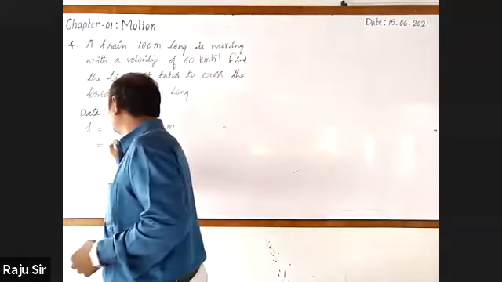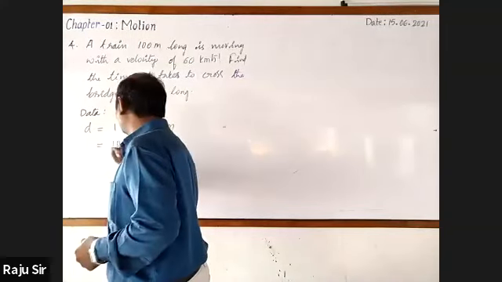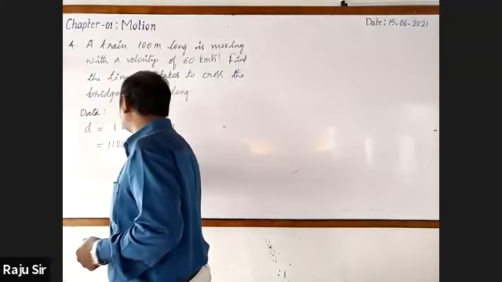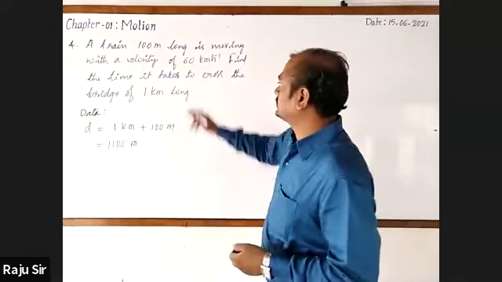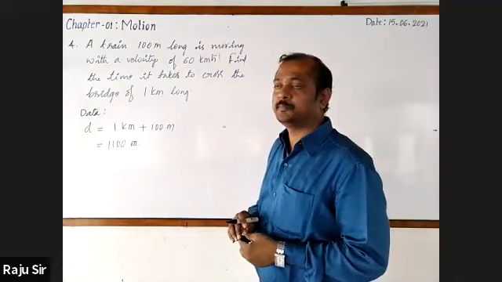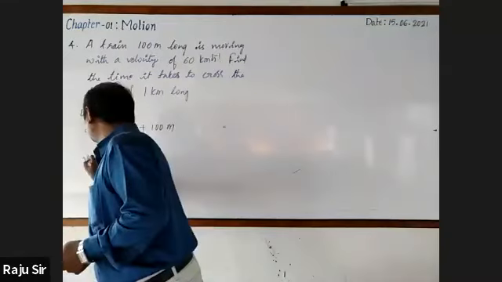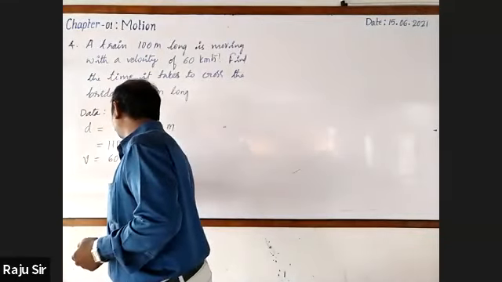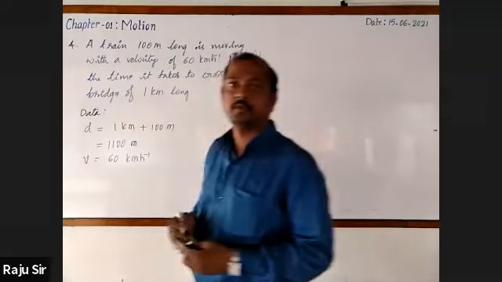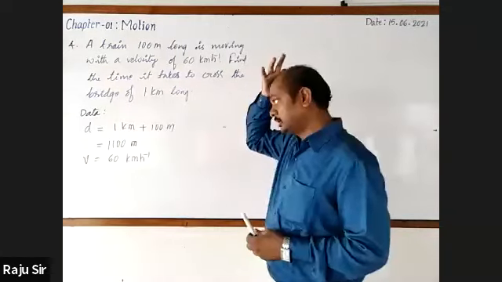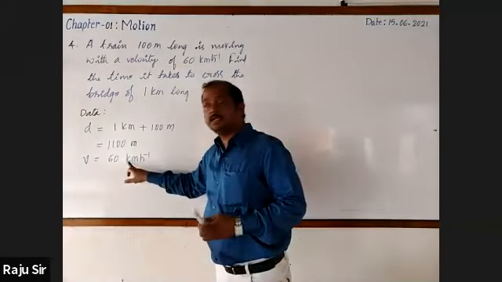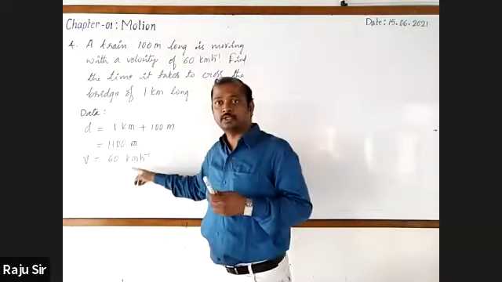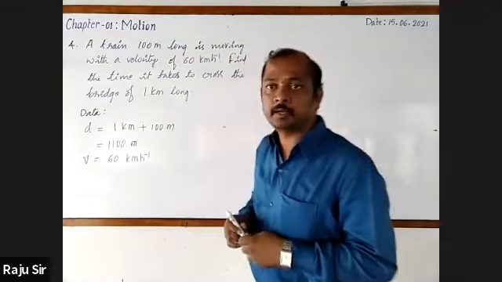This is equal to 1100 meter. Next, its speed is known. V is equal to 60 kilometer per hour. Okay, here distance is in meter, in speed it is kilometer per hour. Therefore, it should be converted into meter per second.